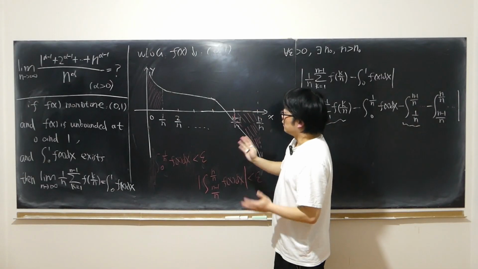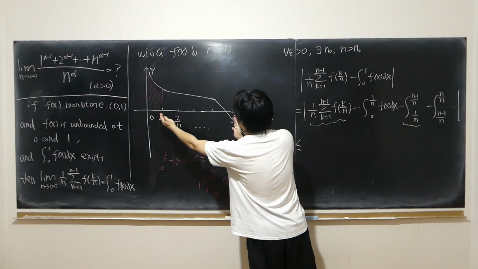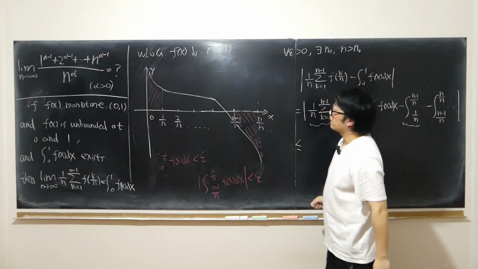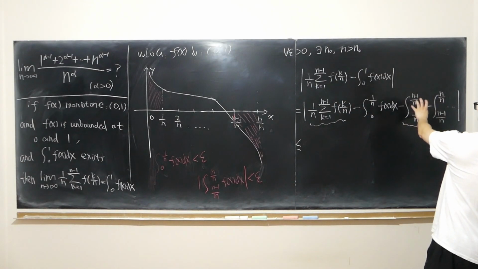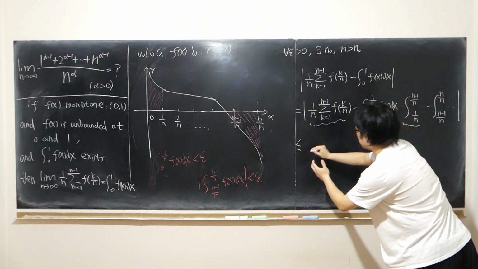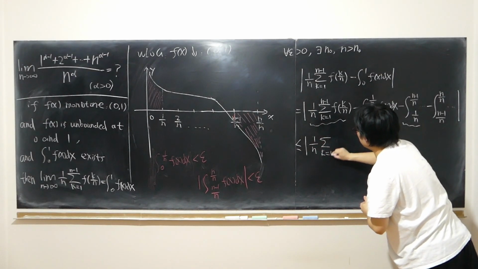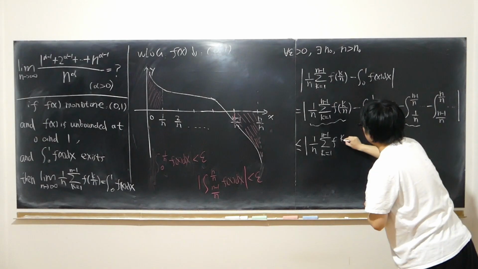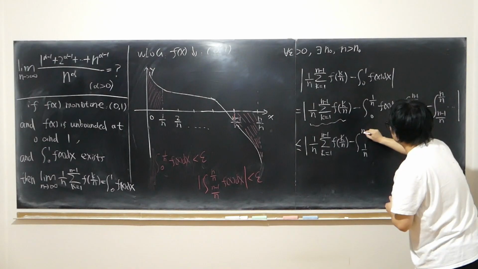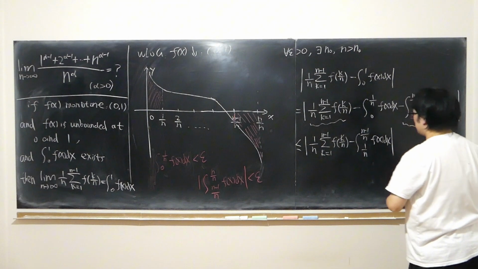So over this closed interval, we definitely have f of x Riemann integrable, and also bounded. So the Riemann integral we can do. Putting these together, less than or equal to 1 over n, sum over k from 1 to n minus 1 of f of k over n minus the integral from 1 over n to n minus 1 over n of f of x dx.